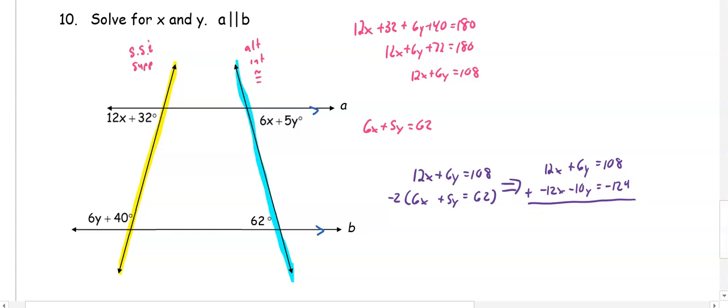So we can add our equations straight down. The x's cancel out, so we have negative 4y is equal to negative 16. We can divide by negative 4 on both sides, so y equals 4.